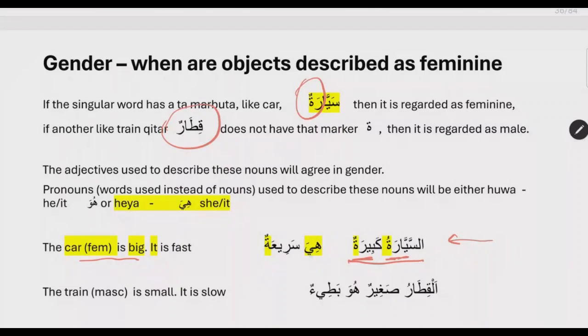And then if you want to use a pronoun to describe the car, you use the hiya form, not the huwa form, because car is feminine. It is fast, and here it is slow. This is just an example of how even the pronouns have to agree in gender with whatever you are describing or talking about.